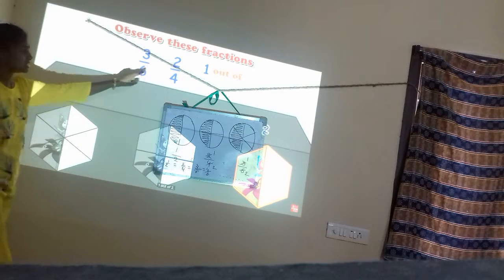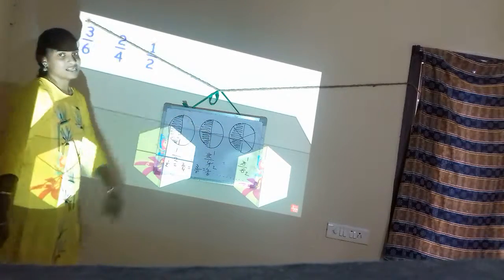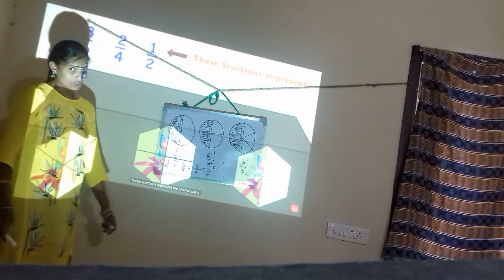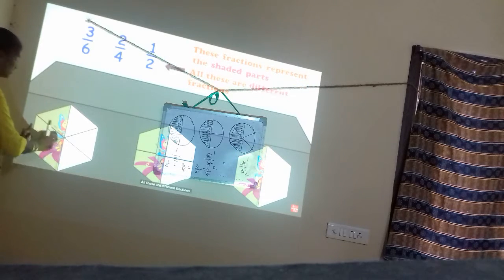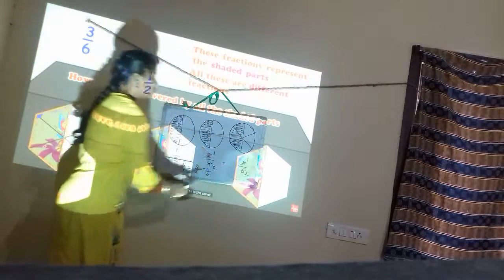3 out of 6, 2 out of 4, so 1 out of 2 parts. These are all equal. These fractions are called equivalent fractions. Now you have a better understanding of the colored part, the same part of the whole.